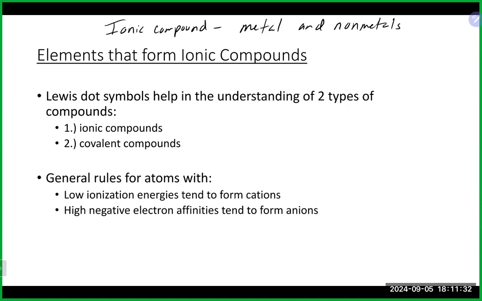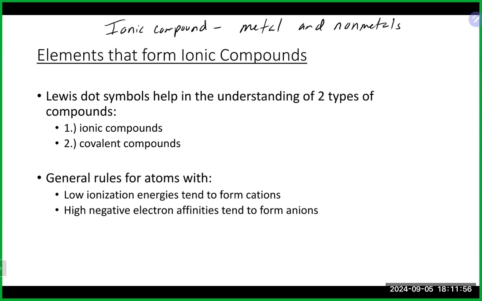We know that metals typically want to lose their electrons. They have all those periodic trends like low ionization energy, low electronegativity, low electron affinity. They're not really interested in hanging on to their electrons.